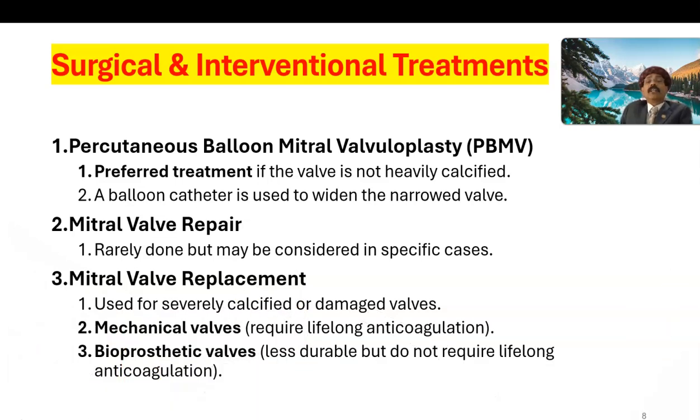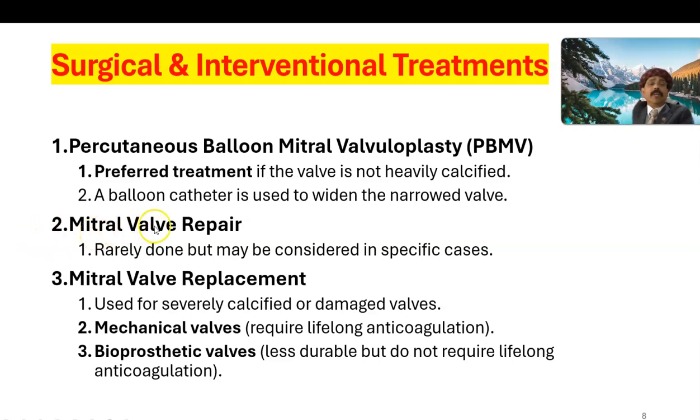What are the surgical and interventional treatments for mitral stenosis? Percutaneous balloon mitral valvuloplasty, PBMV, is the preferred treatment if the valve is not heavily calcified. A balloon catheter is used to widen the narrowed valve.